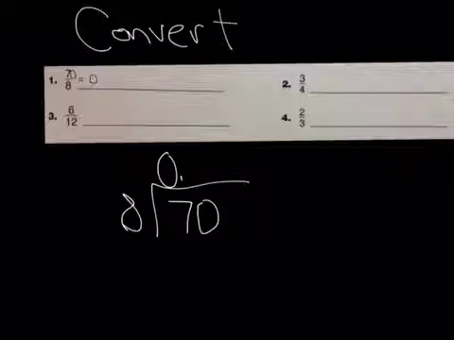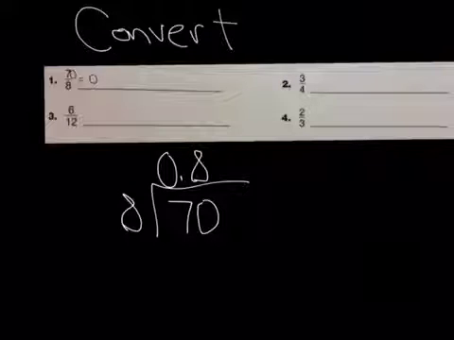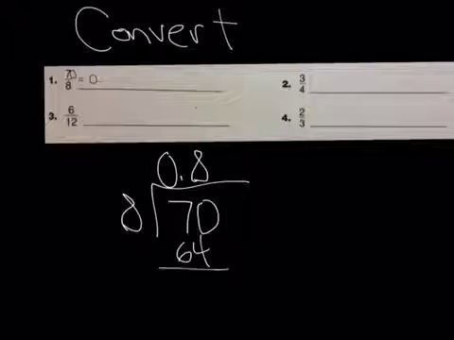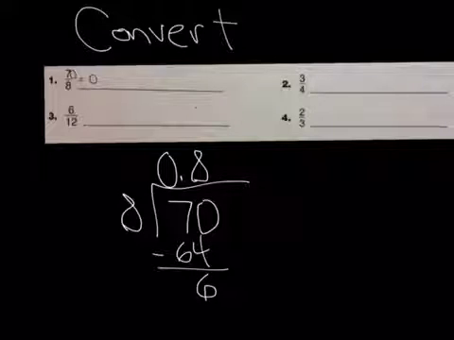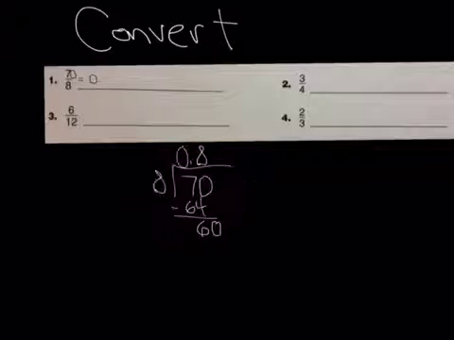So how many 8s are in 70? We said 8 of them. And we said that it would be 64, which gives us 6. Remember we wrote the 6 and then we turned it into a 60. So how many 8s are in 60?